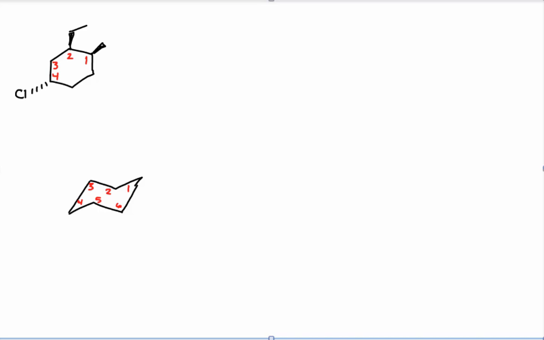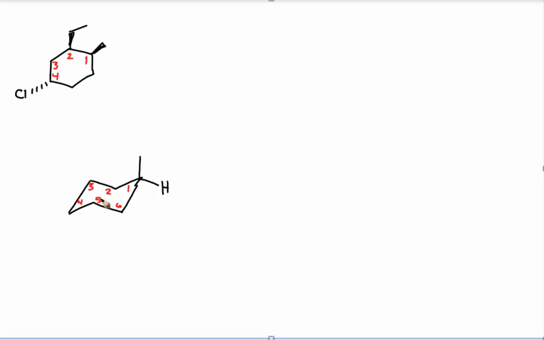So now what we'll do is we'll put our methyl group on carbon 1 in the chair conformation. Since it's pointing up or out towards you, we'll just make this the up substituent, and that's the methyl in the axial position. And if you want to draw it in, of course we have a hydrogen in the equatorial position. On carbon 2, we have an ethyl group.